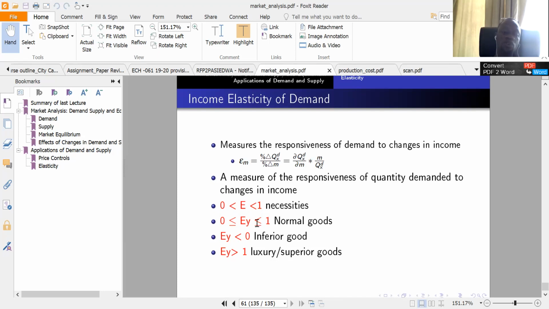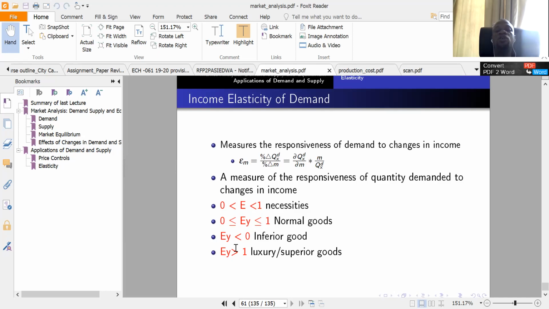If it's between 0 and 1, 1 included and 0 included, then it's a normal good. A normal good is a good that as your income increases, you buy more. So that can also include 1. So necessities fall within the normal goods.